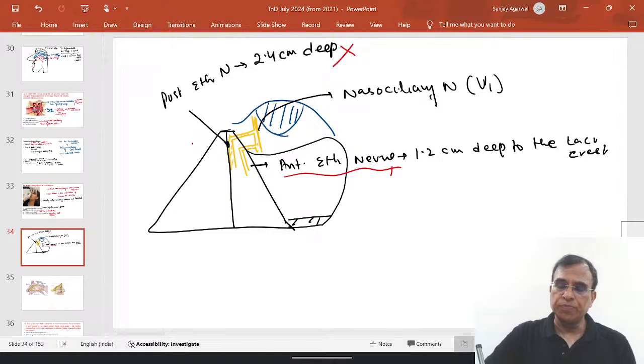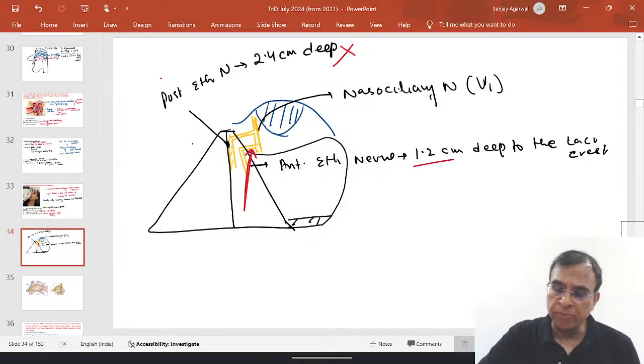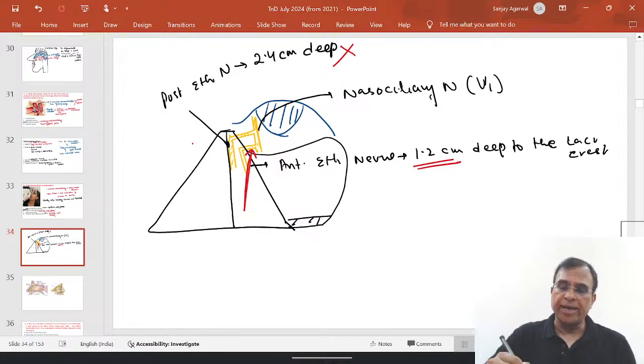So what you do is, you inject in this area, which is near the canthus, and go 1.2 centimeter deep and inject your xylocaine, 0.5 ml of xylocaine. The xylocaine occupies this space, right?